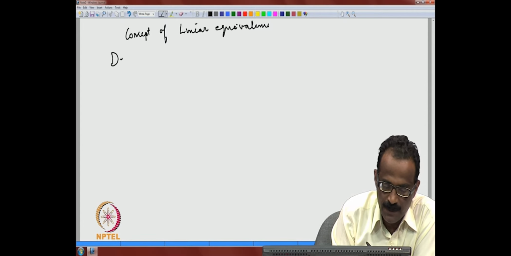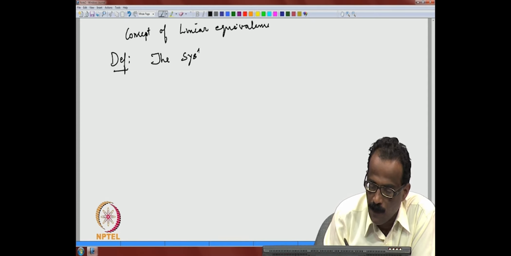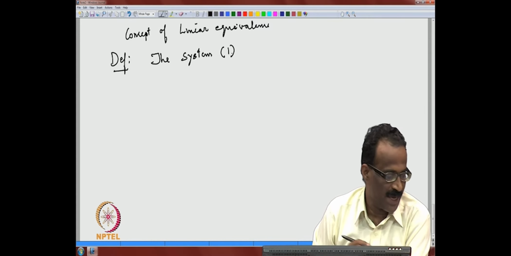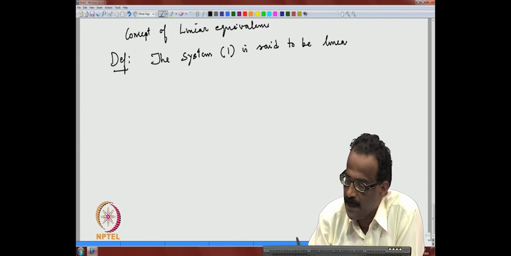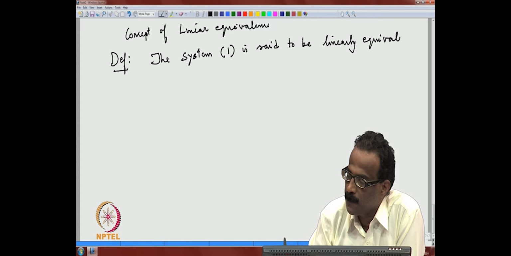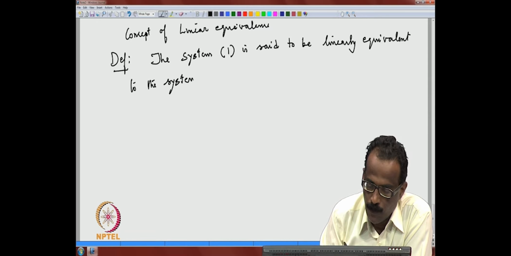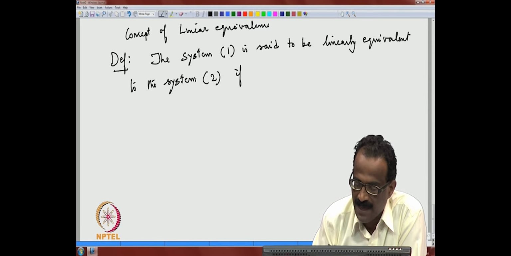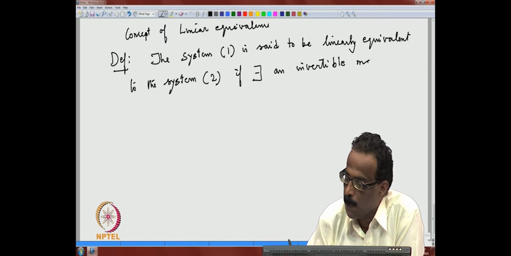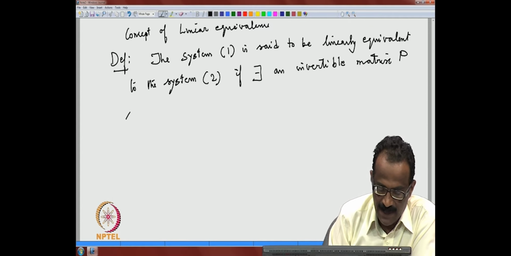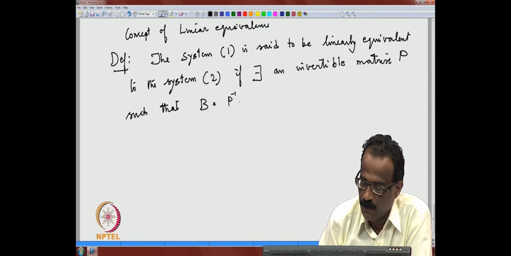So, you have a definition for this one. Two systems: the system 1, that is x dot equal to Ax, is said to be linearly equivalent to the system 2, x dot equal to Bx, if there exists an invertible matrix P such that B is equal to P inverse of AP.